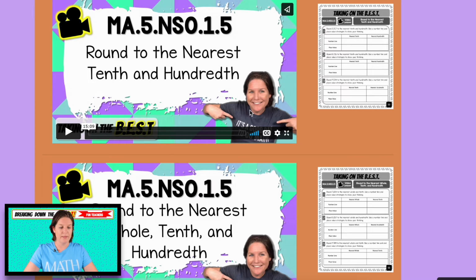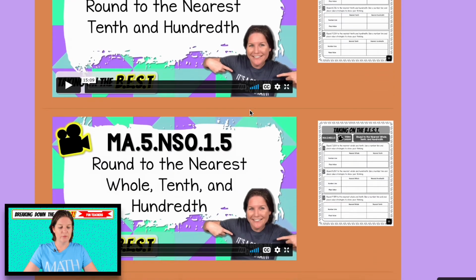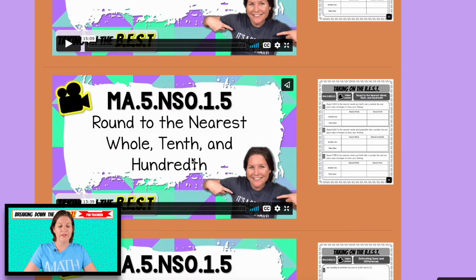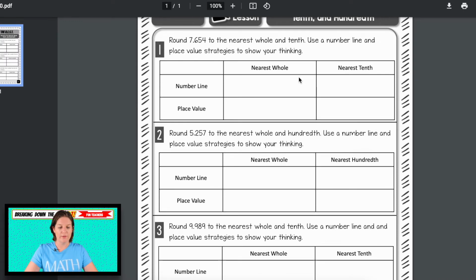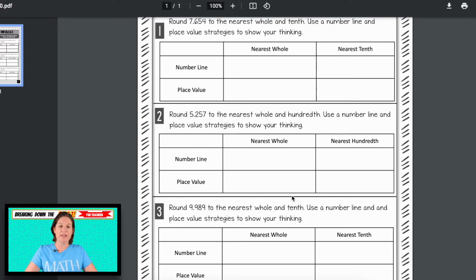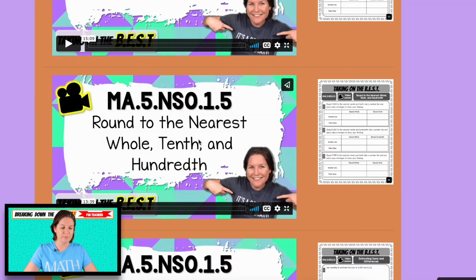Okay, the next one would be rounding to the nearest whole 10th and 100th place. So we're just bumping it up and rounding to the nearest whole. Each one will have a nearest whole, and then we will revisit what we learned with the nearest 10th and 100th. Same thing using a number line and place value.